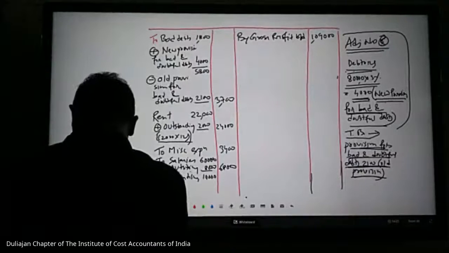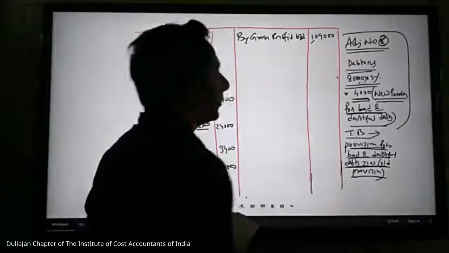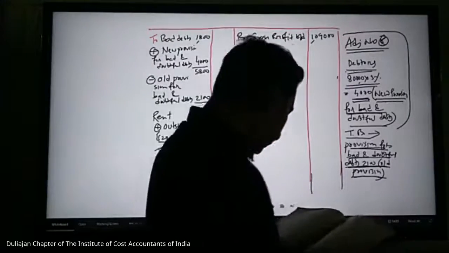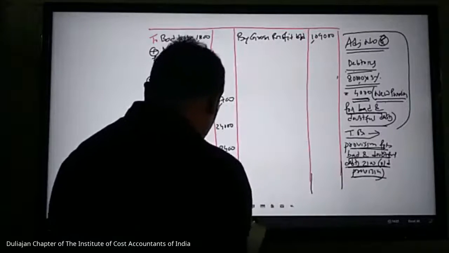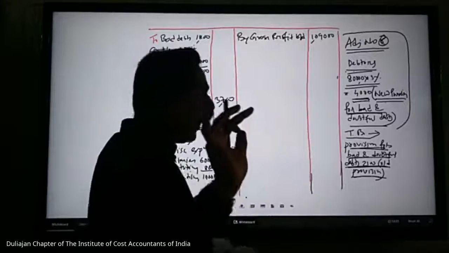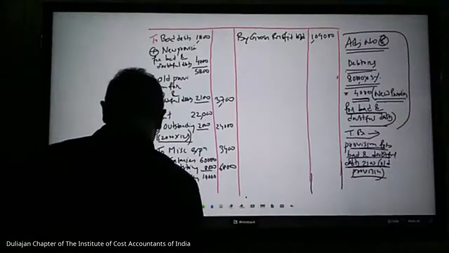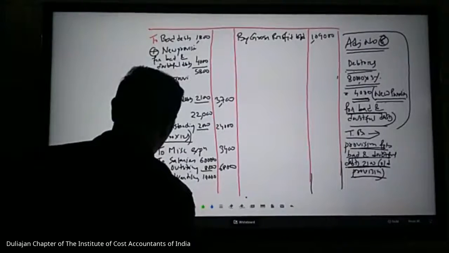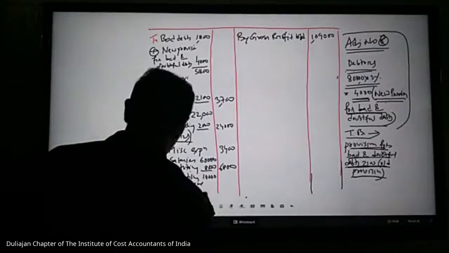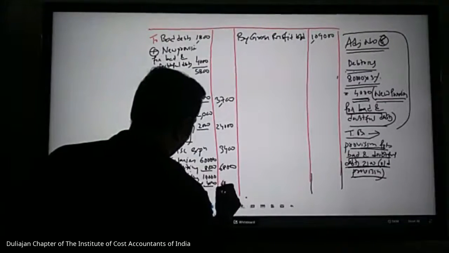But see the adjustment, adjustment number 6. A new signboard costing rupees 4,000 is included in advertising. So it should be excluded from advertising. Less signboard, amount 4,000. So 6,000 here.